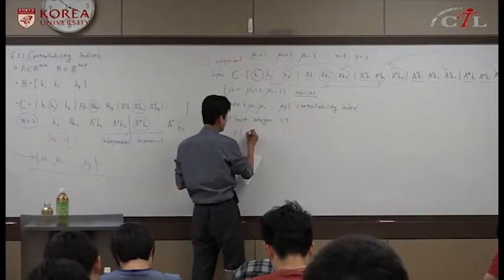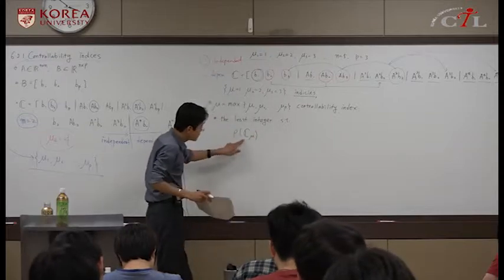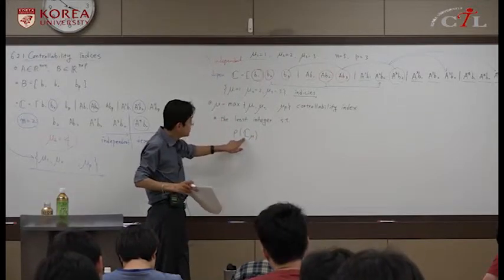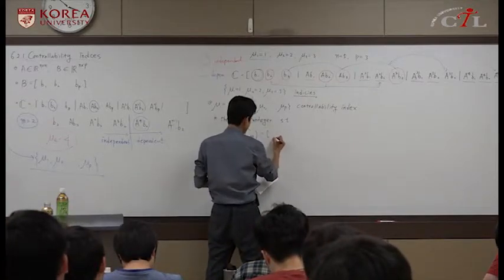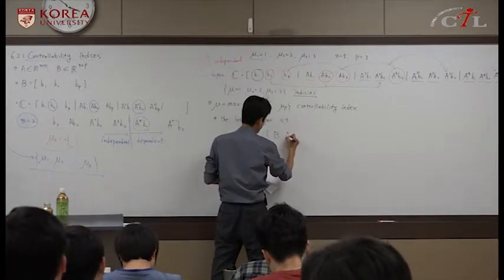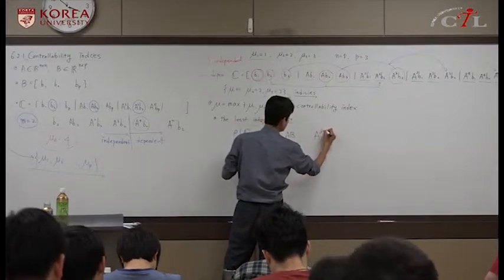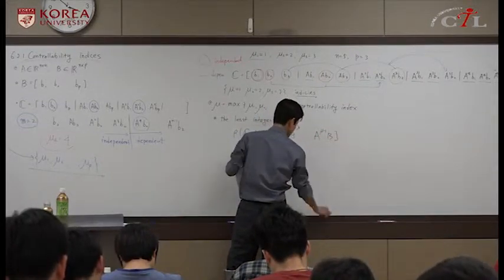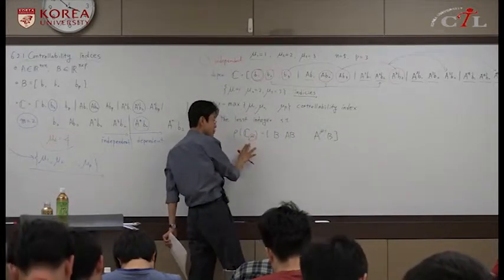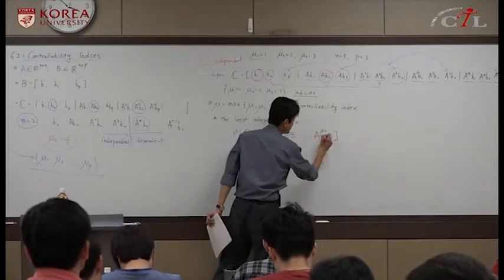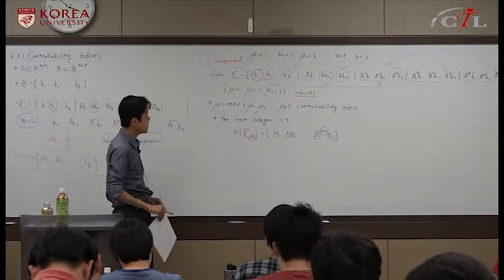the rank of the controllability matrix. If I define the controllability matrix with a specific number, then this is B, AB, up to A to the mu minus 1 B. So this is kind of a definition. If I put a subscript number, then the controllability matrix is calculated up to mu minus 1 multiplication.